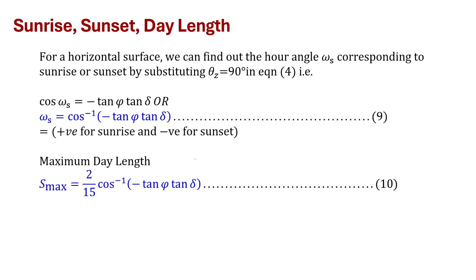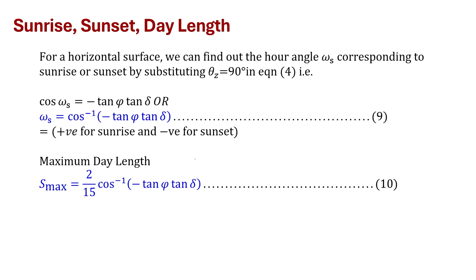So, if it is 90, cos omega s corresponding to sunrise or sunset is minus tan phi tan delta, or omega s is cos inverse of minus tan phi tan delta. The value is positive for sunrise and negative for sunset, and the maximum day length will be the difference between sunrise and sunset, that is omega s minus minus omega s, which is 2 omega s.